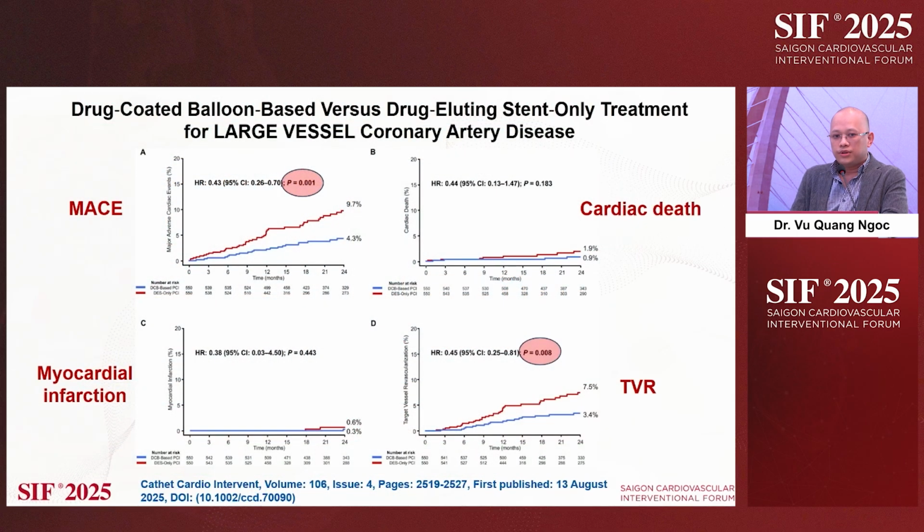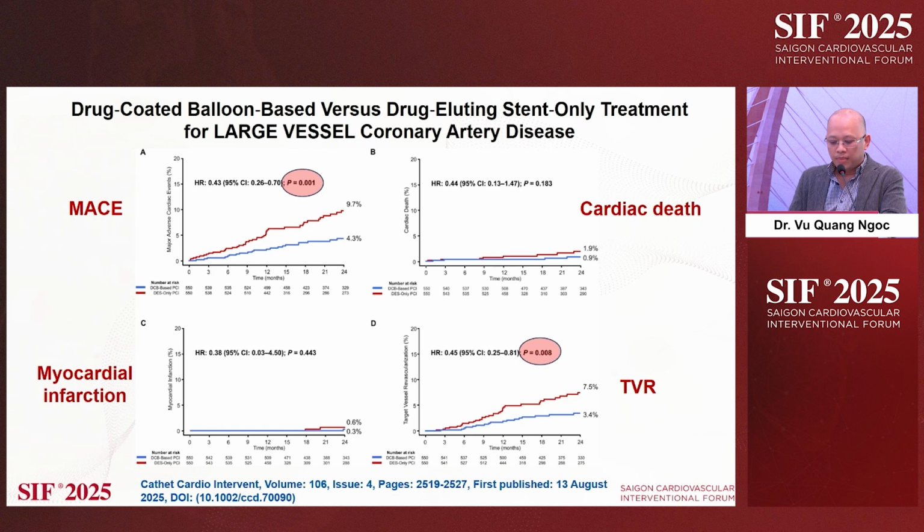DCB is clearly indicated for small vessel disease and in-stent restenosis. But how about large vessel disease? From our colleagues in Korea, we have data for large vessel coronary artery disease, comparing the DCB strategy to DES.